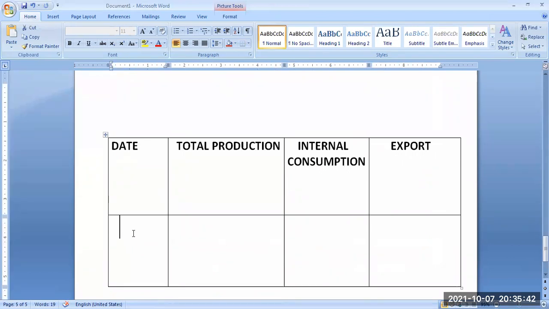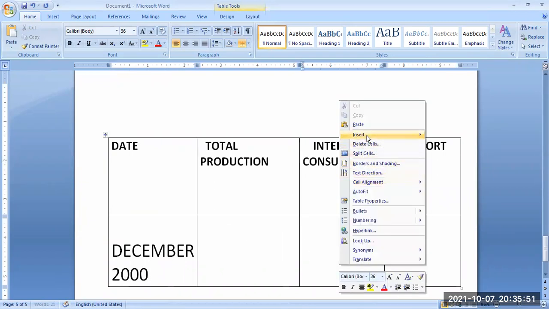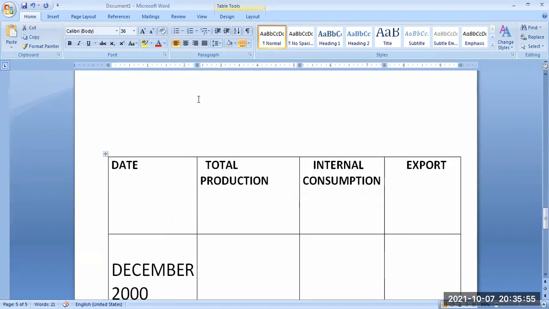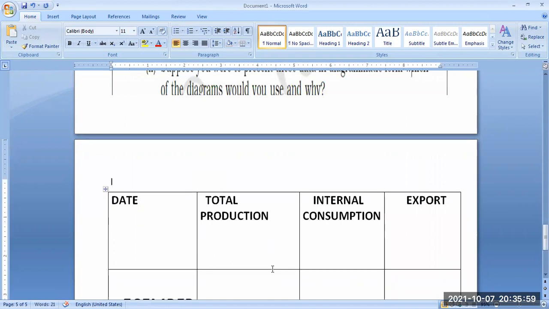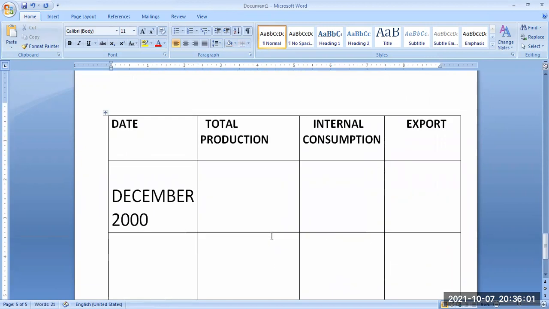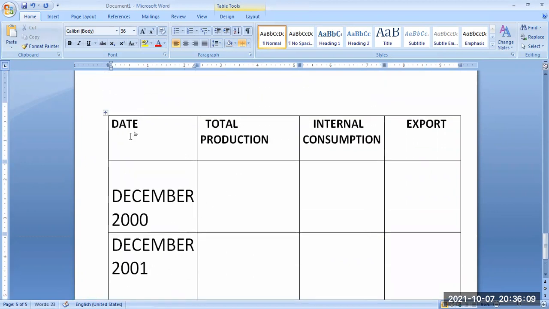So I am mentioning December 2000. Then another row is also required.